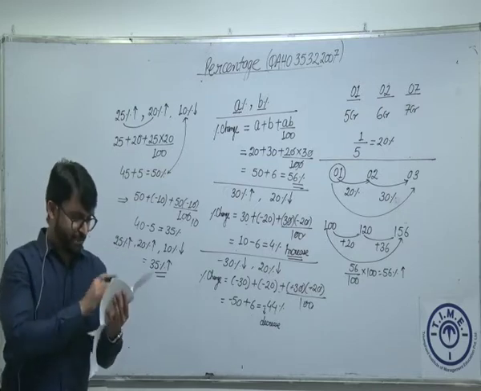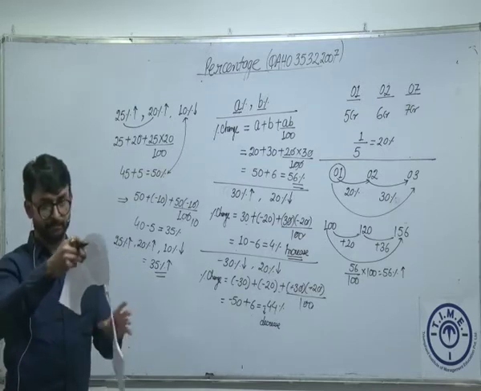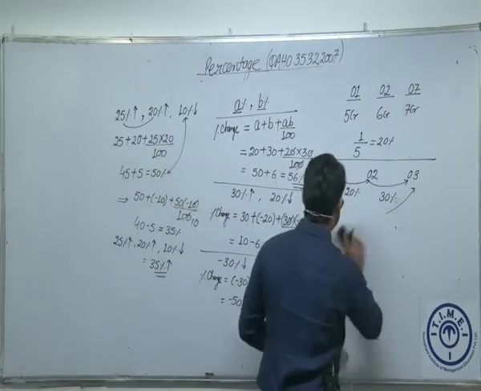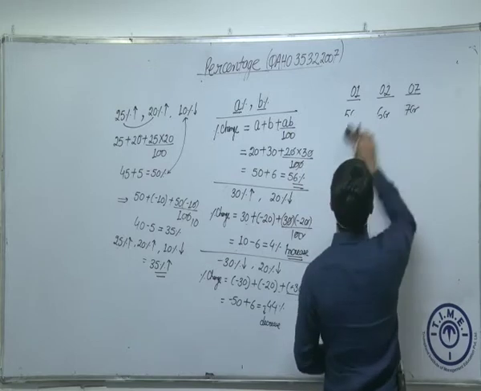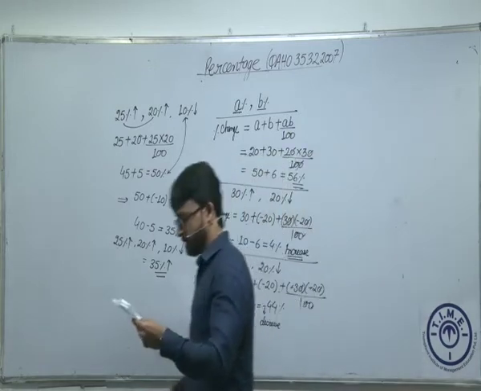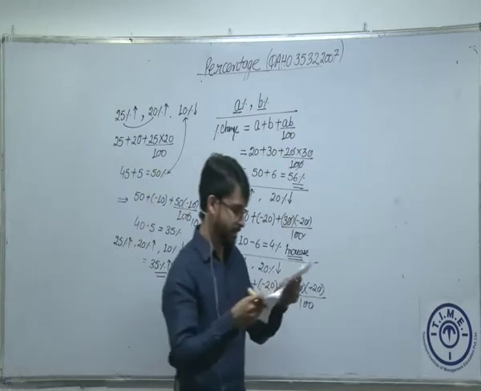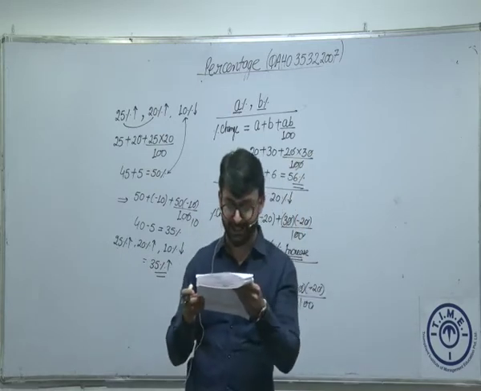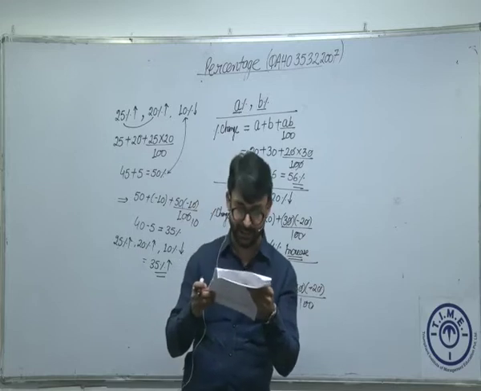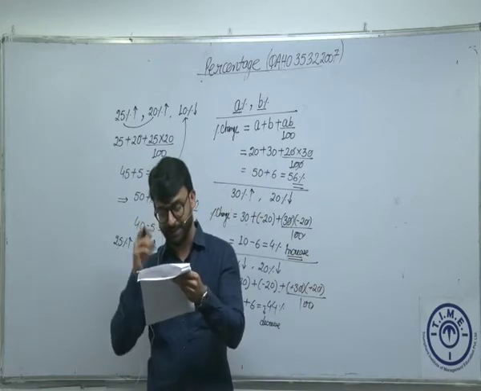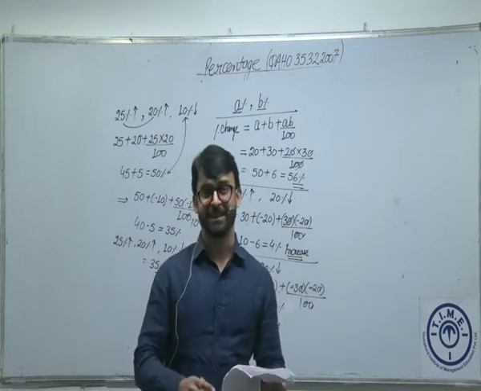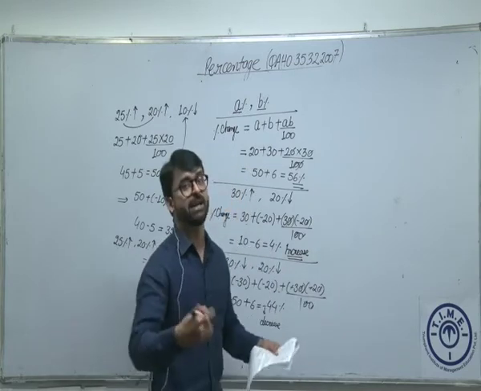We'll go for additional question number 3 directly. The price of an article first increased by 20% and then by 25%. Find the percentage change in the price with respect to the original price. Is that okay? Clearly it is mentioned in the question the percentage changes are in succession, one after the other.